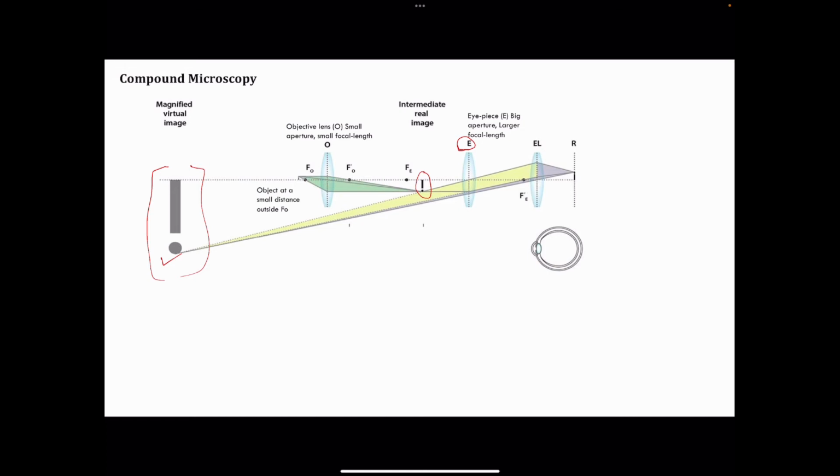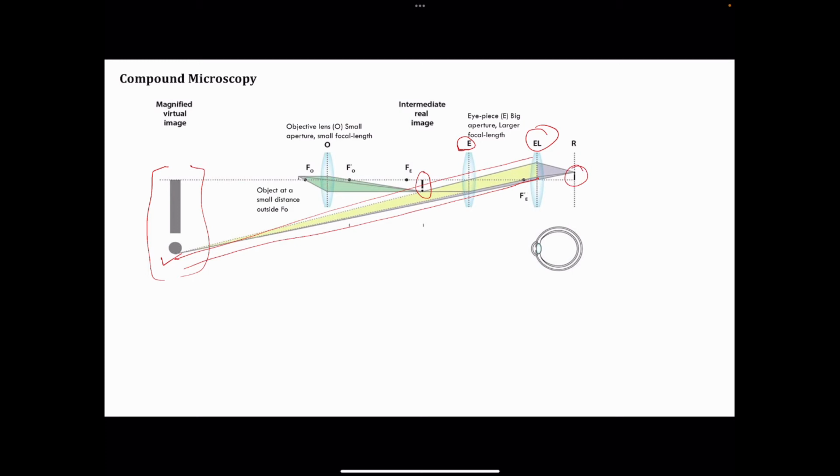Since virtual images are highly magnified, this highly magnified virtual image is going to act as an object which will be taken by the eye lens. It is going to see this image and project it on your retina.